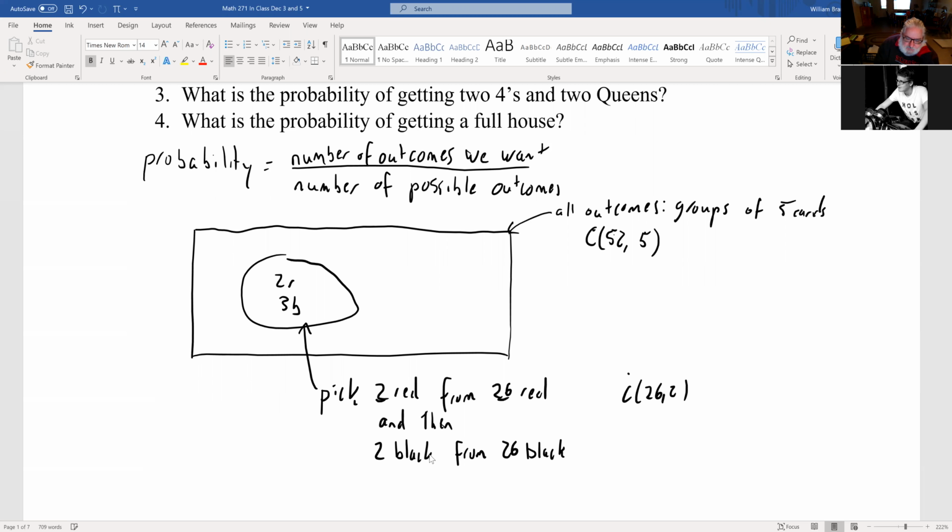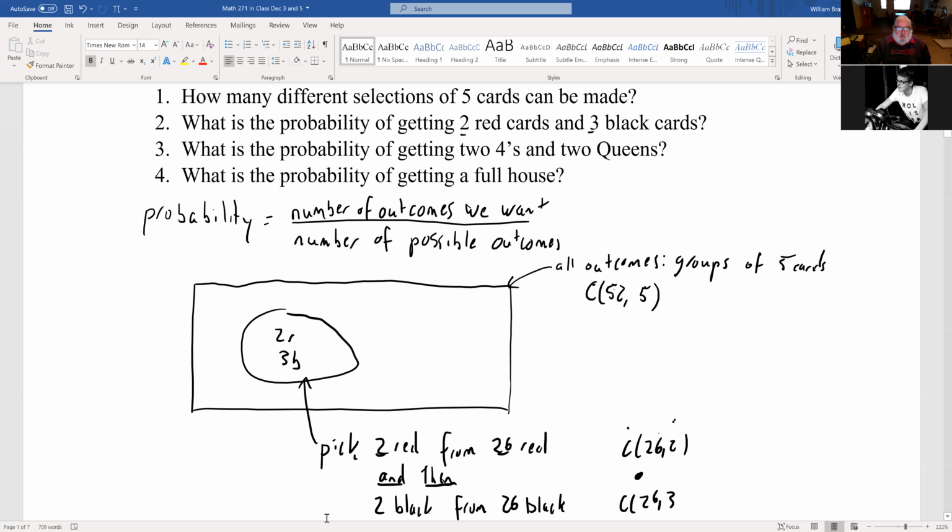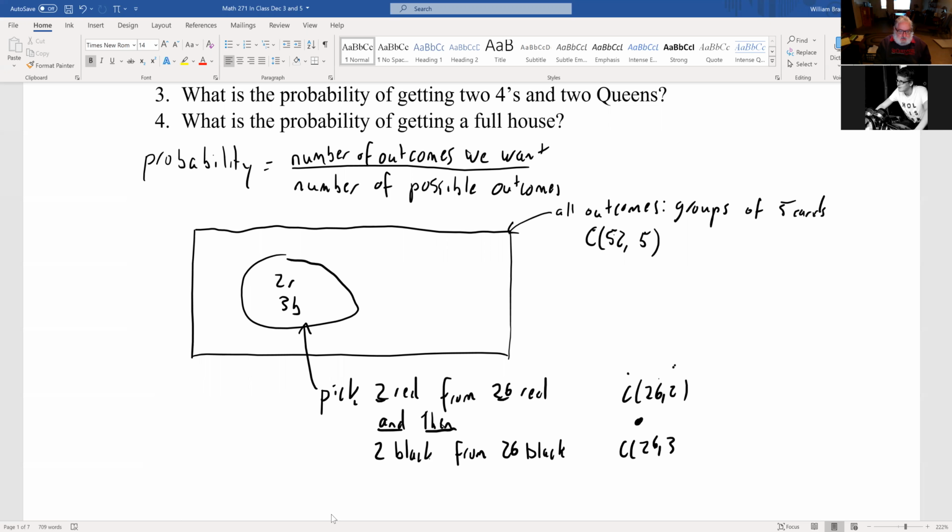We're not worried about the order, so it's a combination. We're picking 2 things out of 26. A sequence is a multiplication. So first we pick 2 red from 26 red, and then we pick, oh, am I doing 2 red or 3 red? 3 black. And then I pick 3 black cards from my 26 black cards. So that's the number of ways to count how many 5-card hands have 2 red cards and 3 black cards.